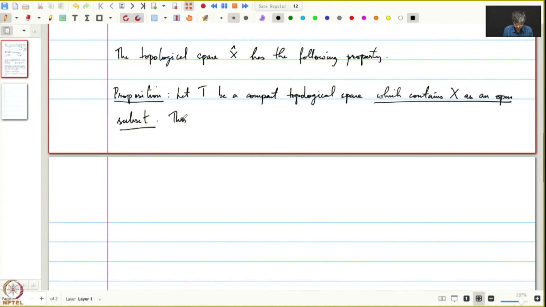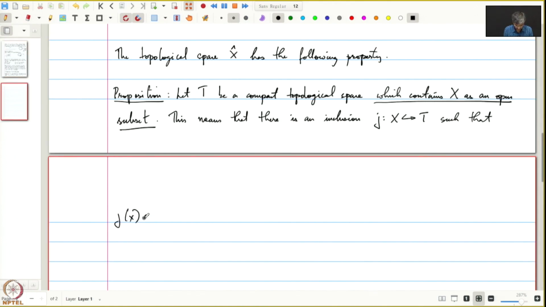This means that there is an inclusion J from X to T, an inclusion of sets, such that J of X contained in T is an open subset and J from X to J of X is a homeomorphism.